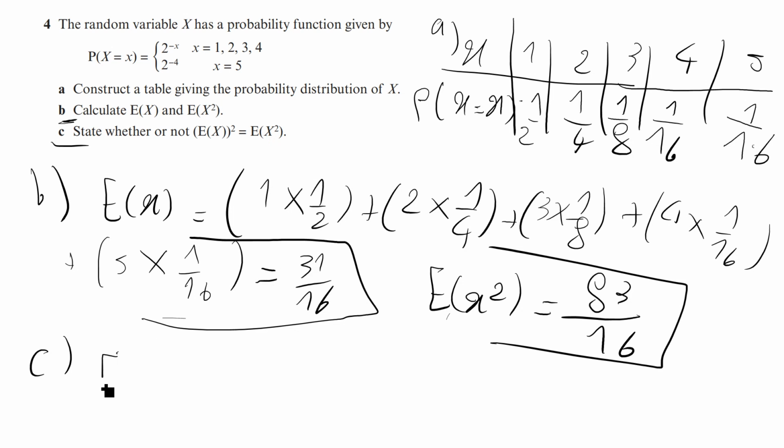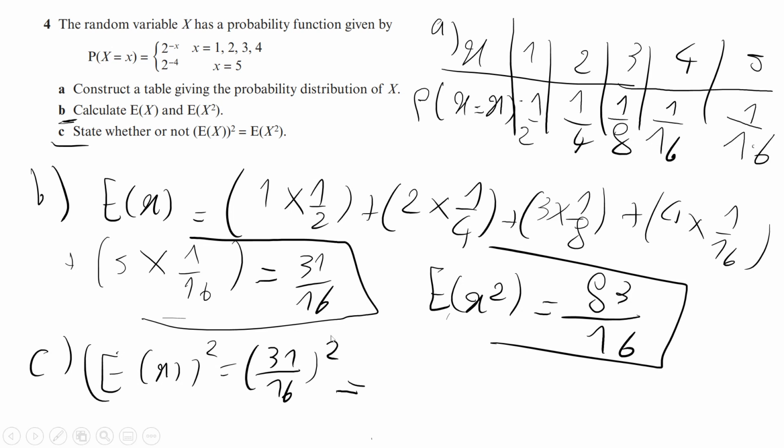So 31 over 16 squared, which is equal to, let me use my calculator to find this.